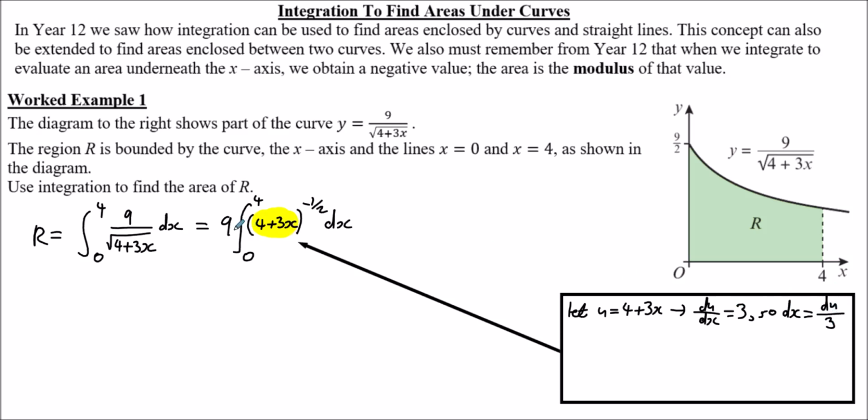So therefore this integral here, I can change. It's going to become 9 lots of the integral between 4 and 0 of now u to the minus a half, and now dx I can replace with du over 3.